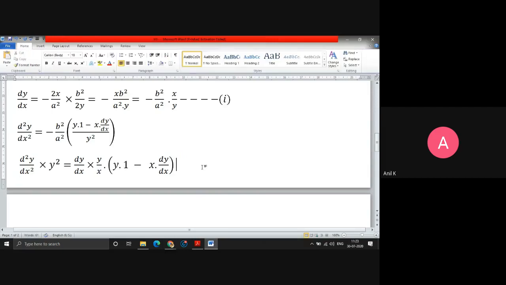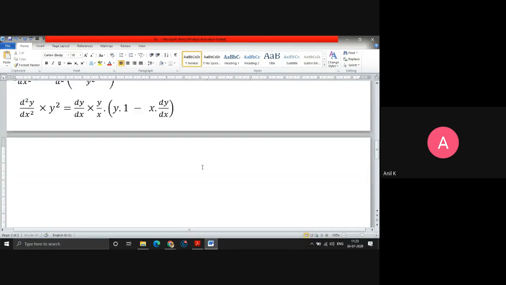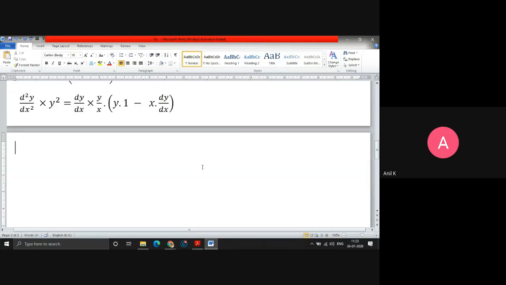Now see the solution. There are no a, b terms, right? Everything is removed, so you can simplify this in the proper way. You can keep it as d square y by dx square into y square is equal to, and now open up the bracket.